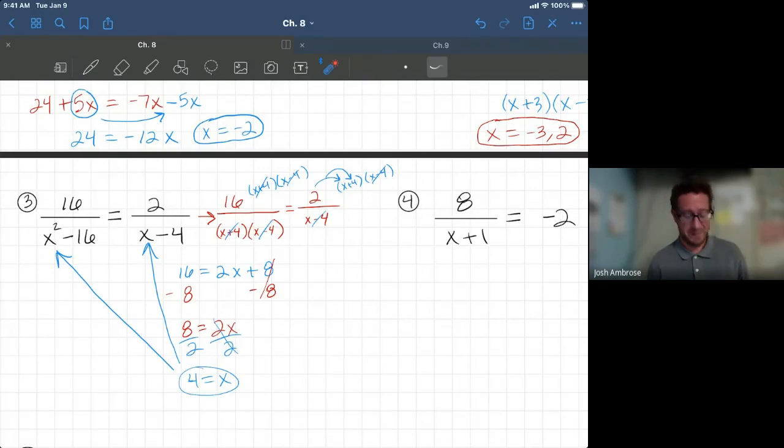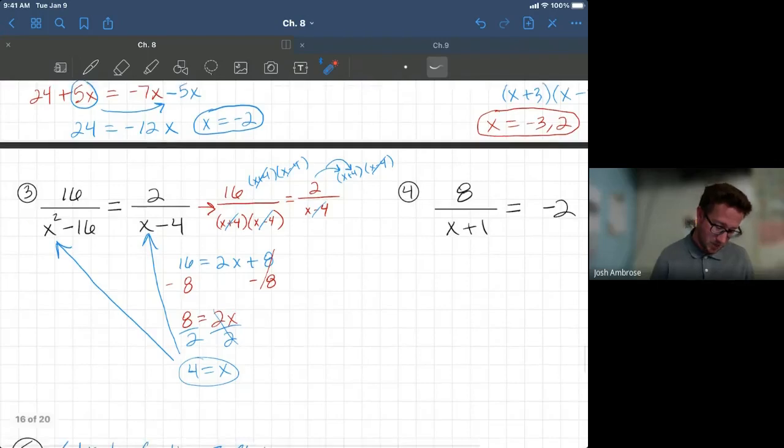That's not good. Then take this, plug it in right here. 4 minus 4 is also 0. That's not good. Why is that not good? Because whenever you have a 0 in the denominator, that makes it undefined.